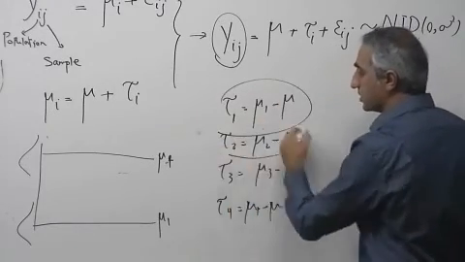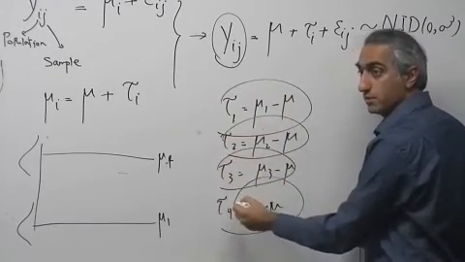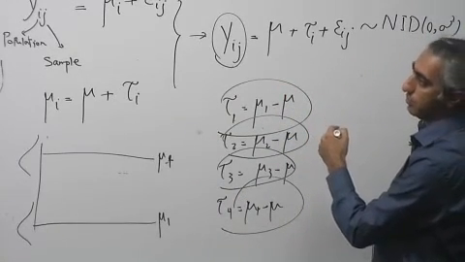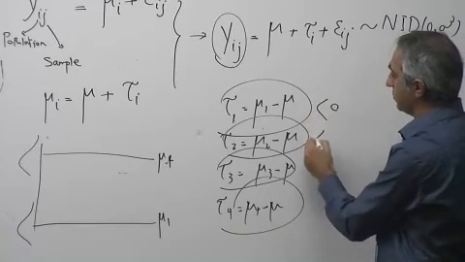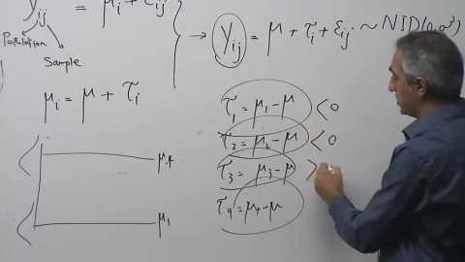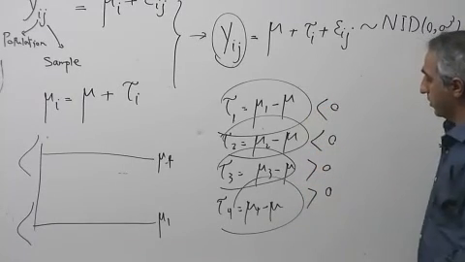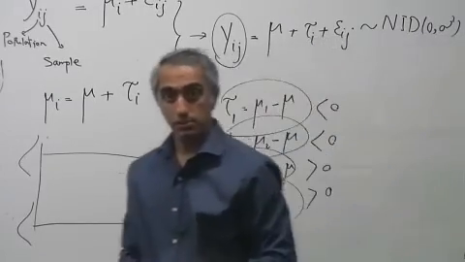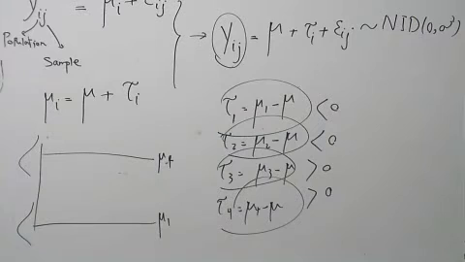Some of them are positive, some of them are negative. In this example, I would say tau1 is negative, tau2 is negative, tau3 is positive, tau4 is positive. So the summation of these is 0. That's also the main assumption. Okay? Any questions? Is it clear?